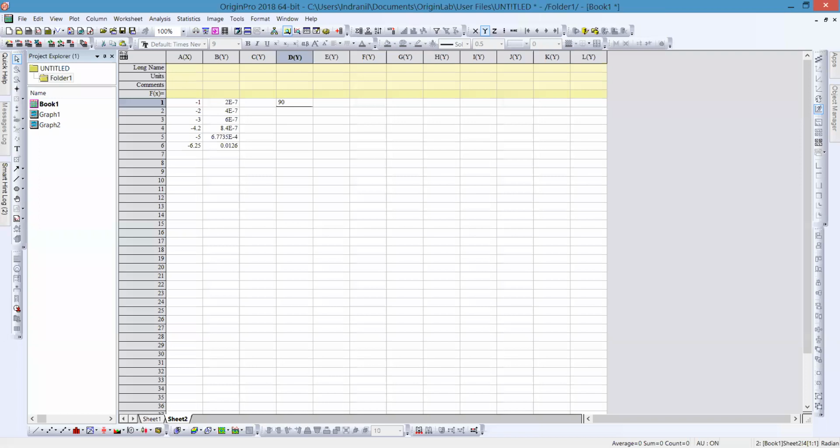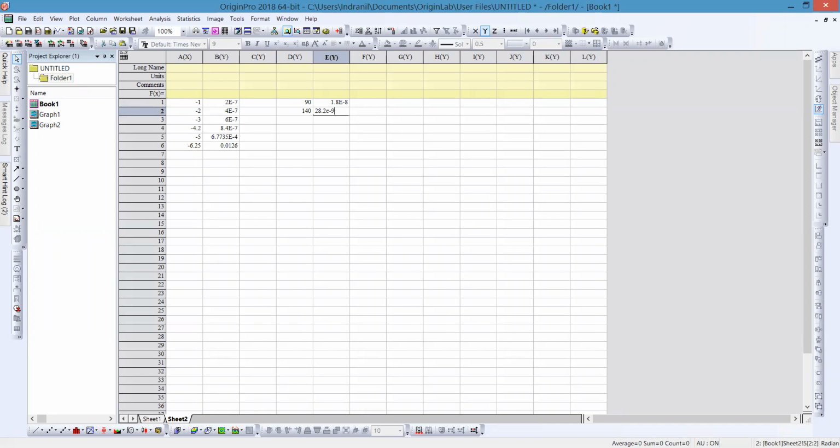Yes, sir, millivolt. Okay. 90 millivolt current is, sir, 18.03 nanoampere. So you can take it as 18 nanoamperes. Okay, good. Next, sir, 140 millivolts, so 28.2 nanoamps.